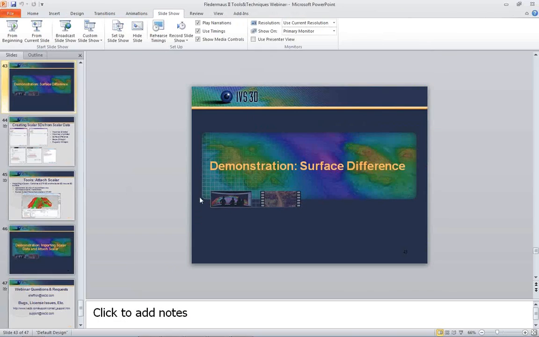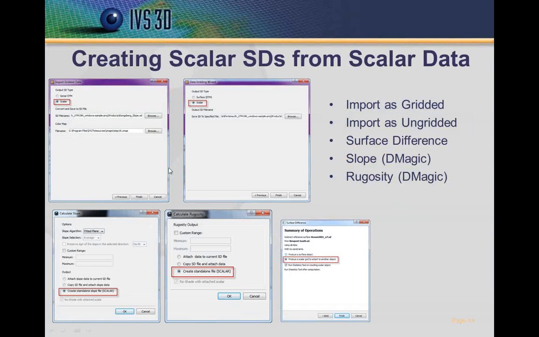So that's how you do a surface difference. The last thing I want to talk about is how you can bring in and create scalar SDs from other types of scalar data. We just created a scalar SD using a surface difference operation. You can also import scalar data as gridded or ungridded data.